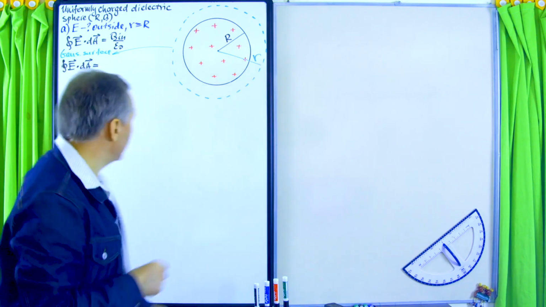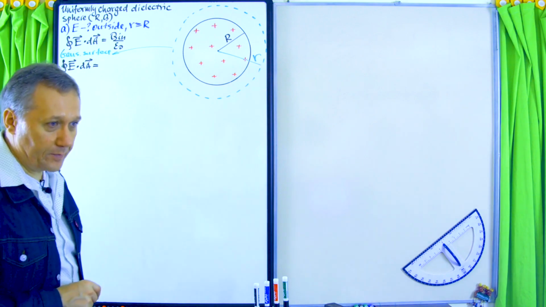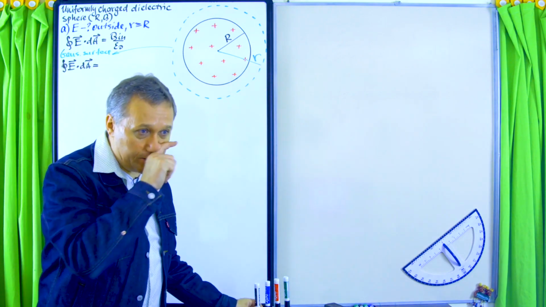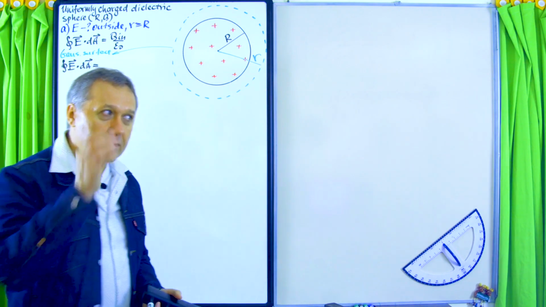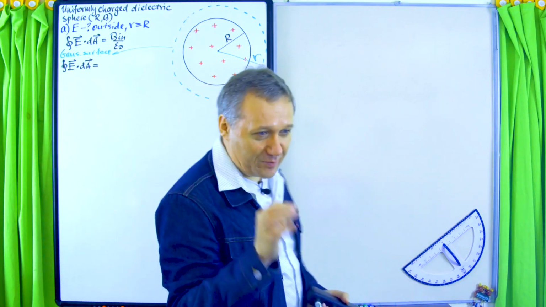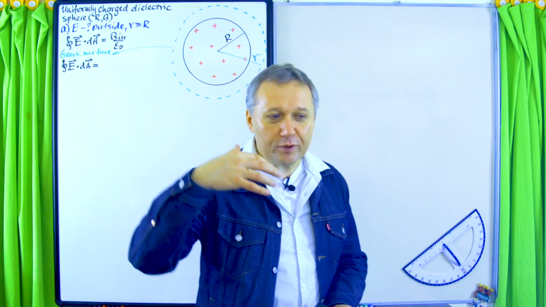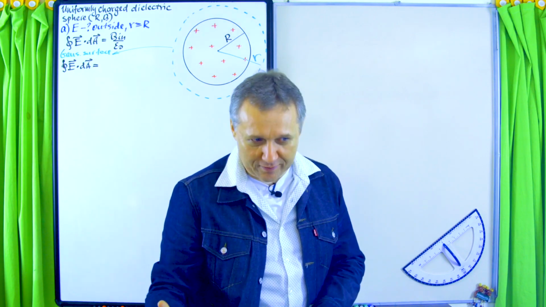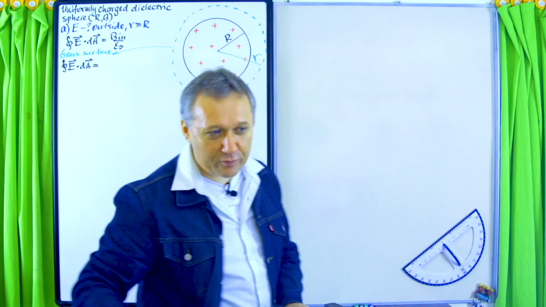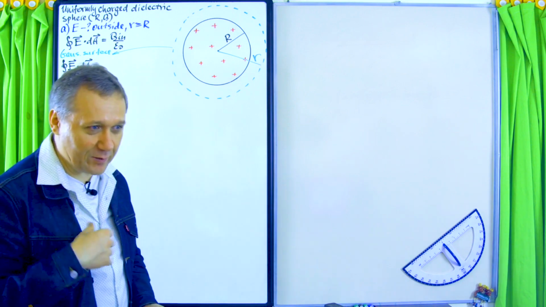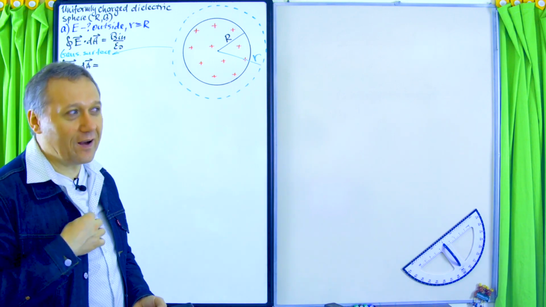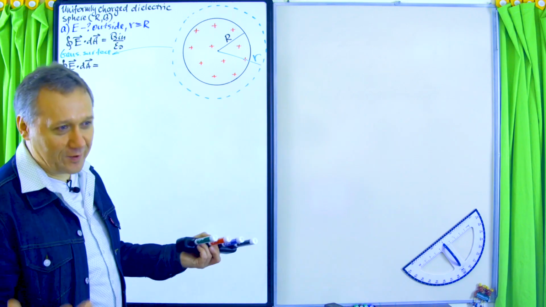Okay, so let me first draw dA. And you remember the convention: the area vector must be perpendicular to the surface and point towards the outside, because of the convention.